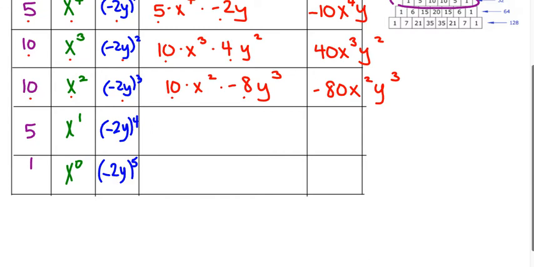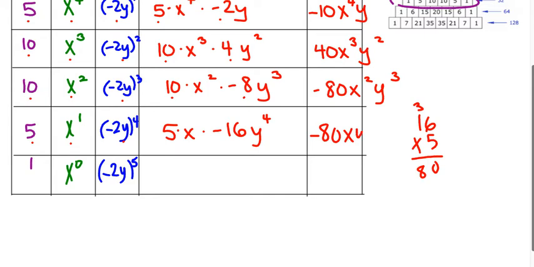We have 5x, and then negative 2y to the fourth is negative 2 times negative 2 times negative 2 times negative 2, which is positive 16, y to the fourth. We're going to go ahead and multiply those together. So 16 times 5, we get 80, so positive 80, x, y to the fourth.